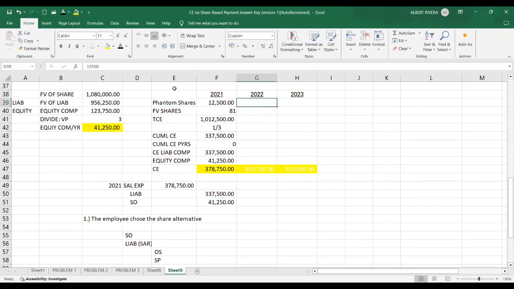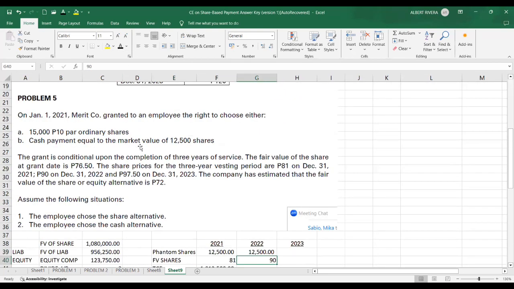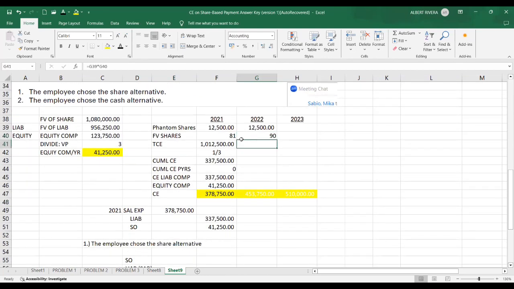So the phantom shares in 2022 remain at 12,500. So the fair value is what? 90. Fair value is 90. So this is now the total compensation expense of 1.125 million, and this is now times 2/3. And this is now the cumulative compensation expense of 750,000.